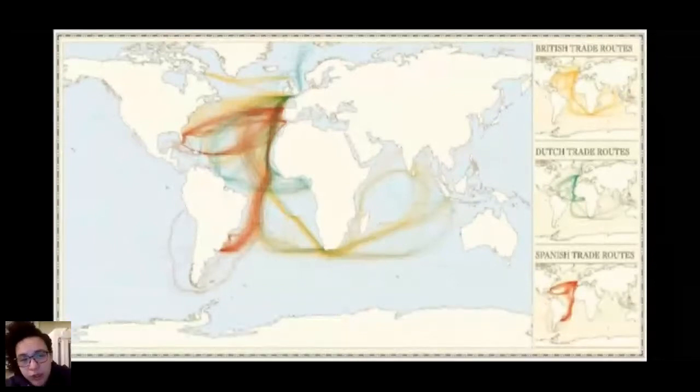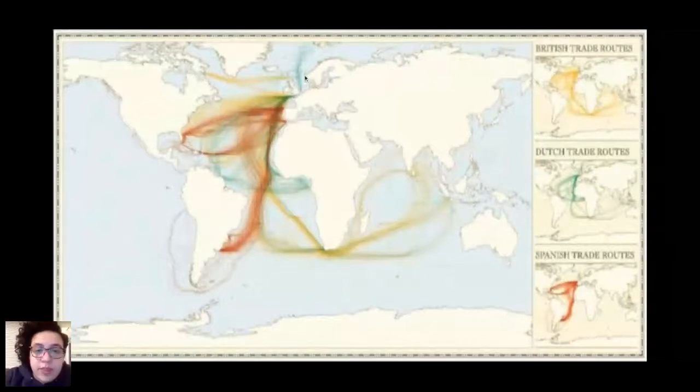It's showing the trade routes that existed in this time period. You can see all of these things are connected. We talk about the Columbian exchange and the silver flow and globalized trade, and we're talking about the expansion of empire, but these things are part of the same story. I think this map really does show that.